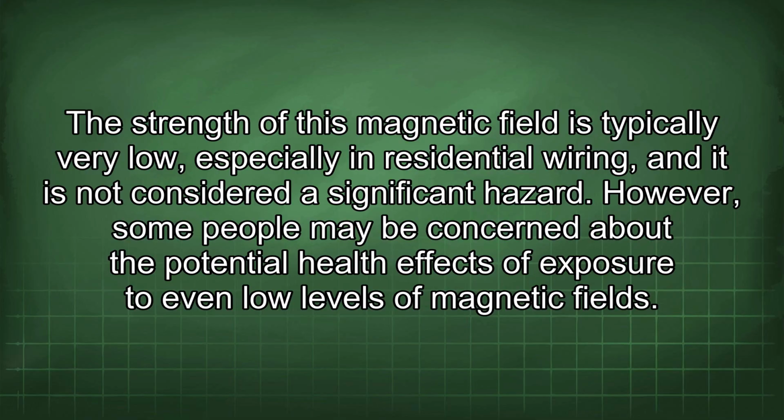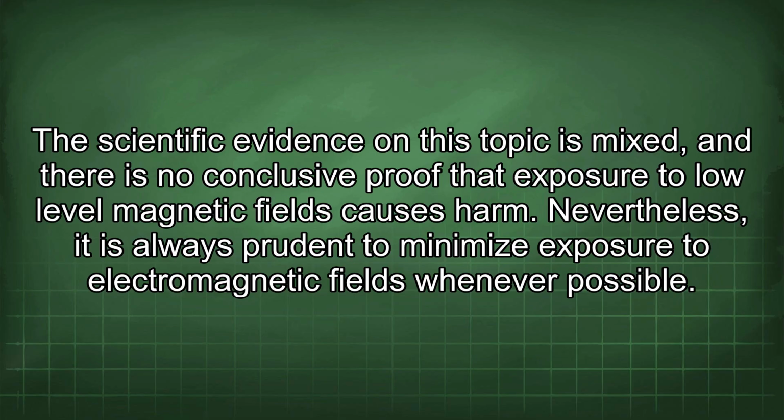However, some people may be concerned about the potential health effects of exposure to even low levels of magnetic fields. The scientific evidence on this topic is mixed, and there is no conclusive proof that exposure to low-level magnetic fields causes harm. Nevertheless, it is always prudent to minimize exposure to electromagnetic fields whenever possible.